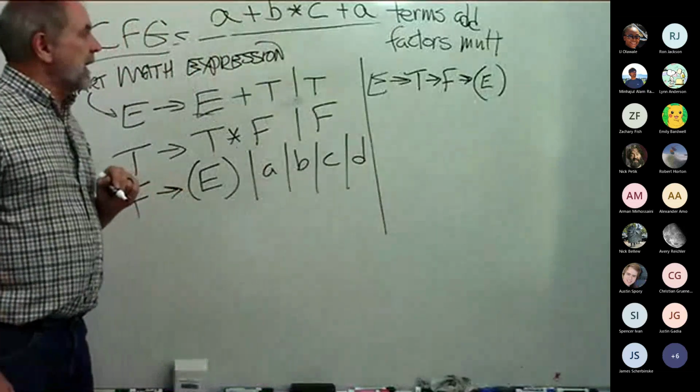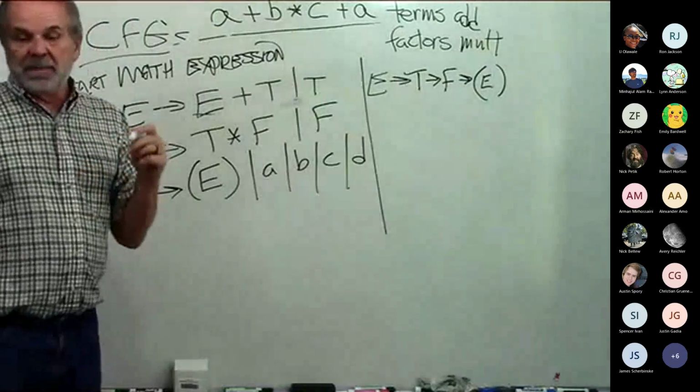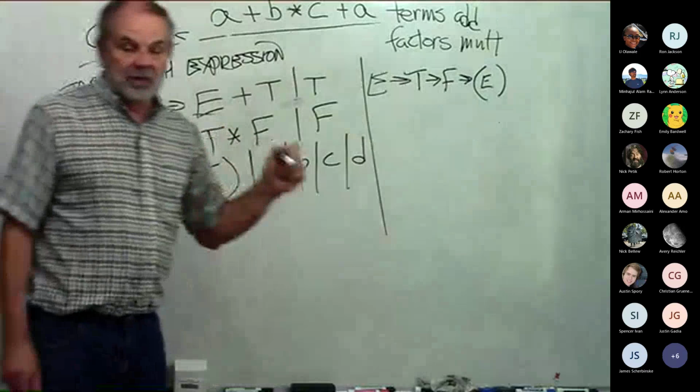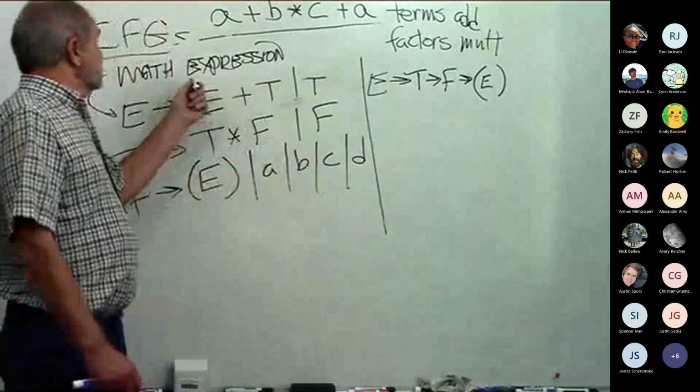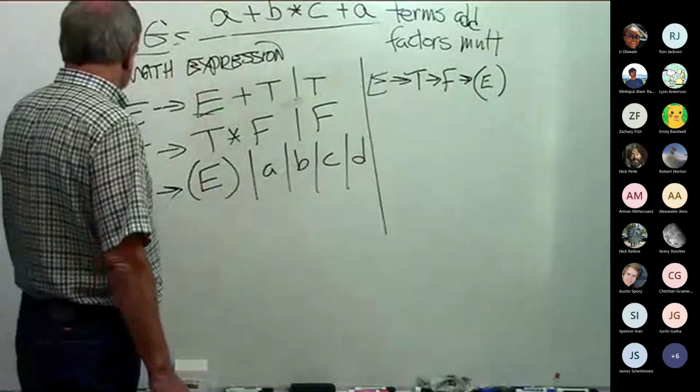Notice as we generate more, the parentheses are always going to be balanced. That's something that we could not do, just for your information.